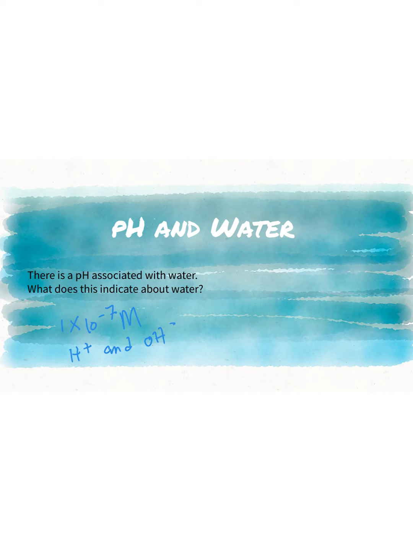Interestingly, you can see where this constant comes from, because if you plug in those values, 1 times 10 to the negative 7 times 1 times 10 to the negative 7, you get 1 times 10 to the negative 14th.